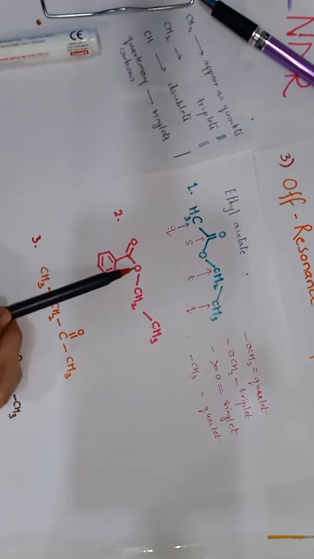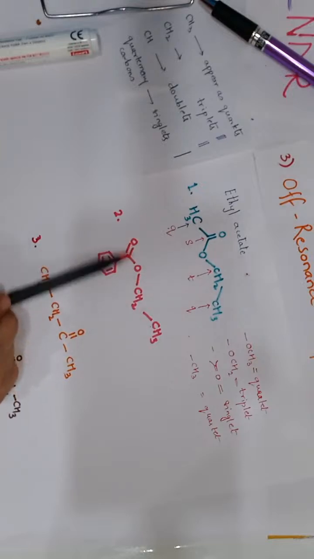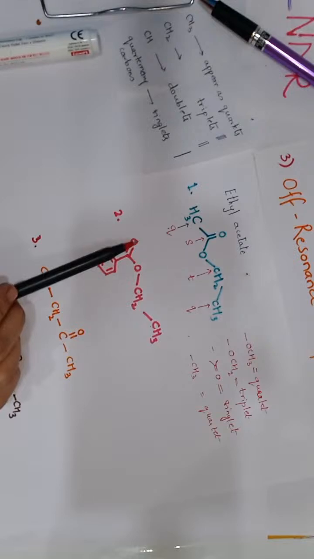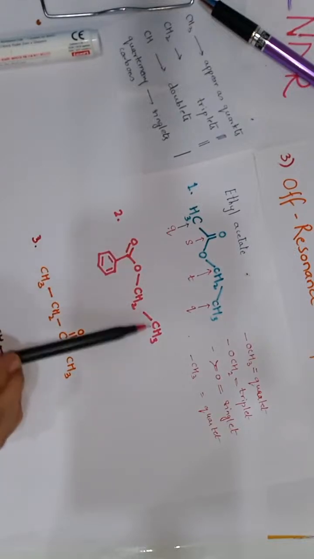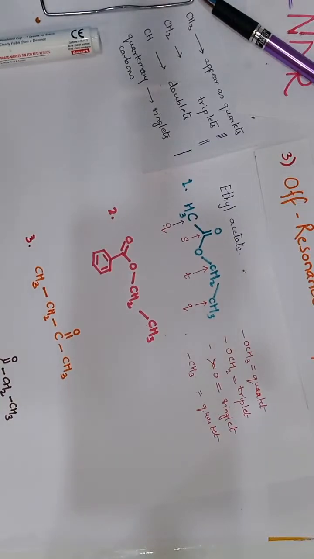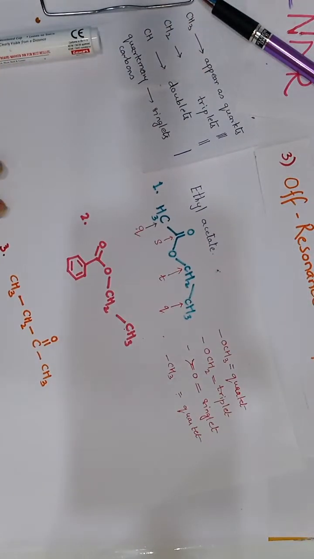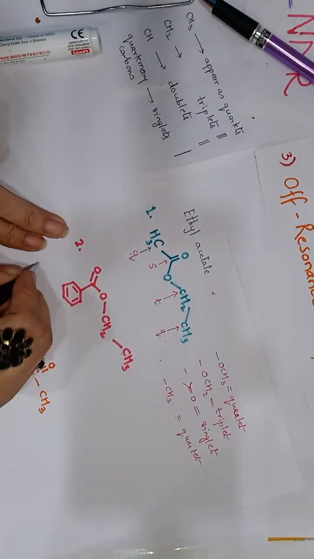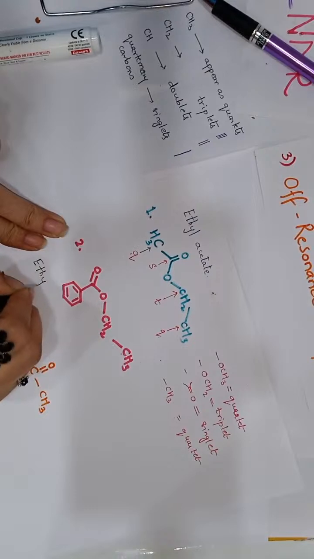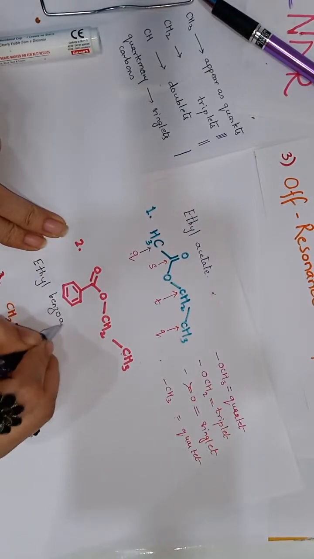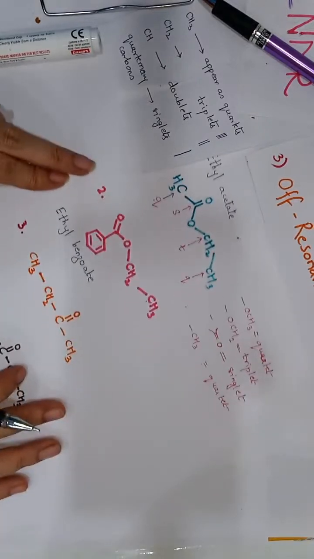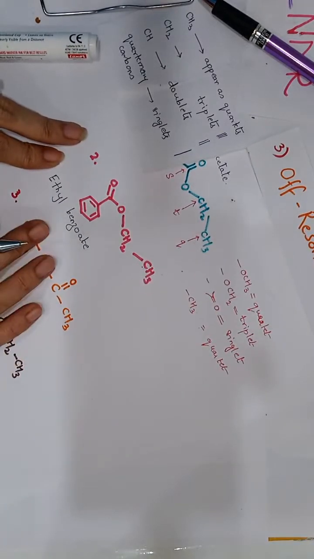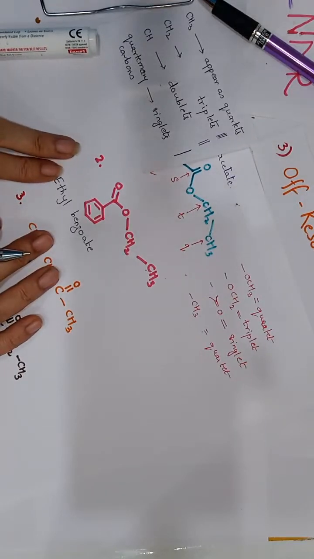The benzene ring is attached to C double bond O. So, this is an ester of benzoic acid, benzoate. Ethyl benzoate. Now, ethyl benzoate, let us solve this.